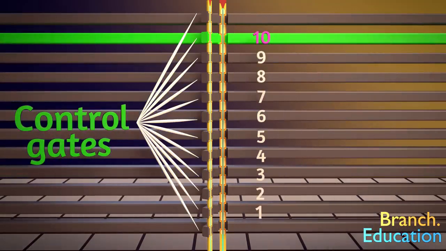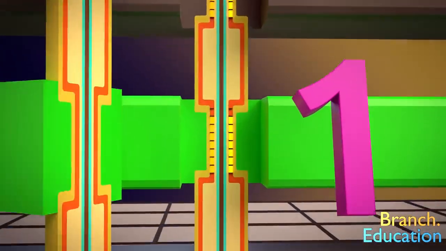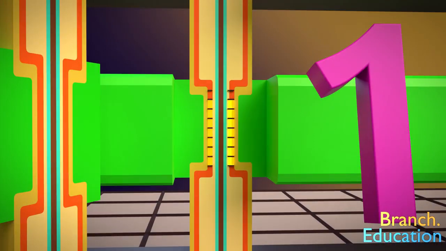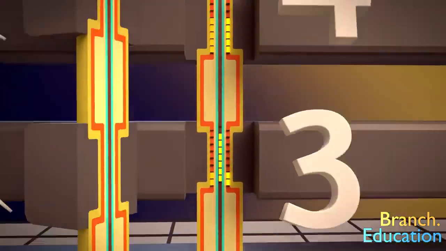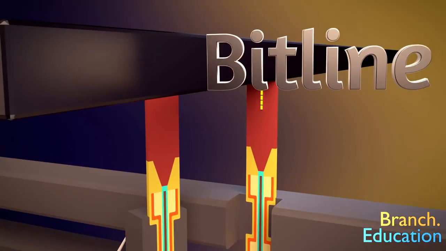It works like this. The bottom control gate first says, "Hey you, charge trap 1, what's your electron charge level at?" Then the bottom cell sends that information through the center of the string up to the information highway at the top, which is technically called a bit line.